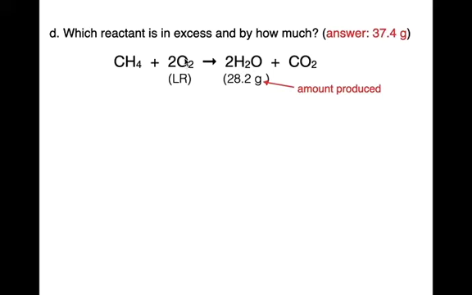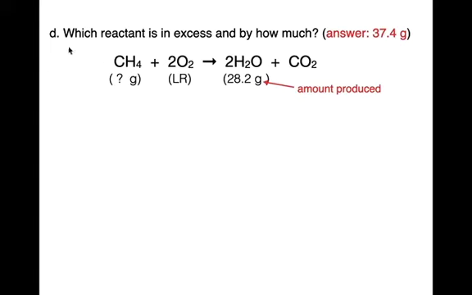So the oxygen was completely consumed in making the 28.2 grams of water. But what we don't know is how much methane was needed to make that 28.2 grams of water. So we're going to need to do another stoichiometric calculation to convert the 28.2 grams of water to grams of methane, to see how much we actually used.